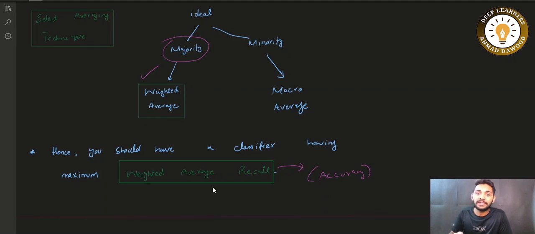Maybe if you want your model to be good at the classification of ideal diamonds and also not be bad on, let's say, the fair class, then maybe you can go towards the other average. But for this scenario, it is coming out that weighted average recall is the best performance measure.